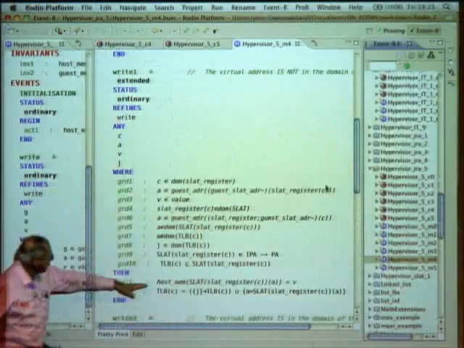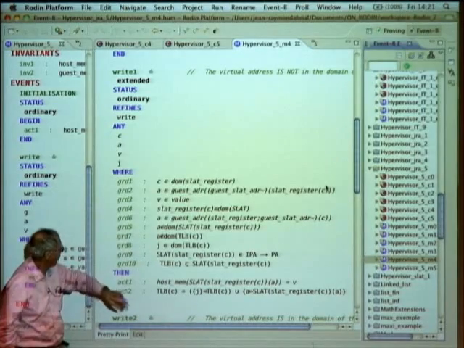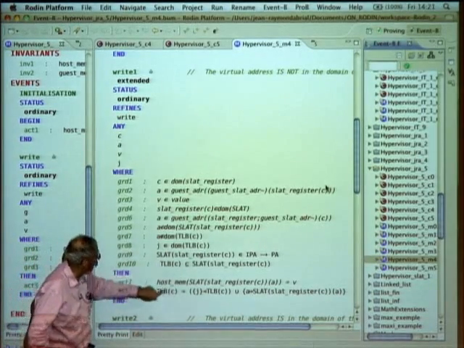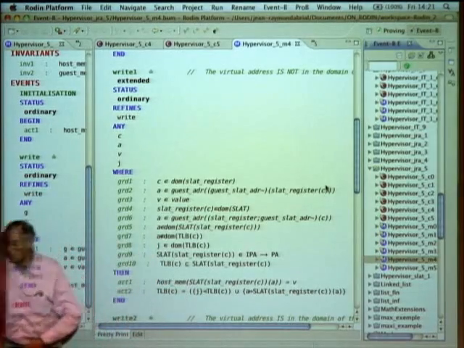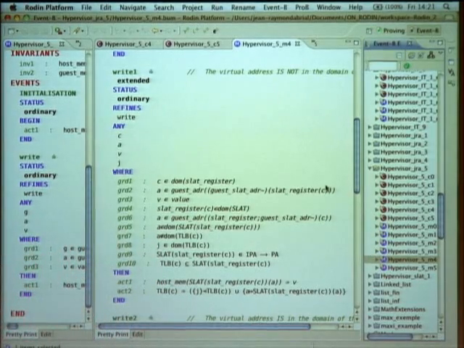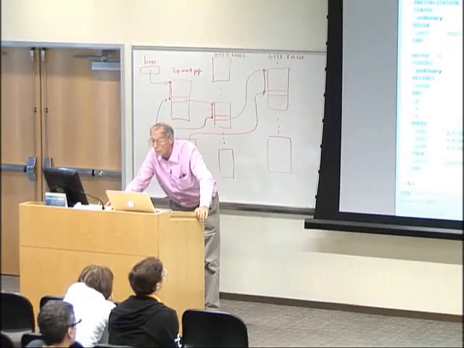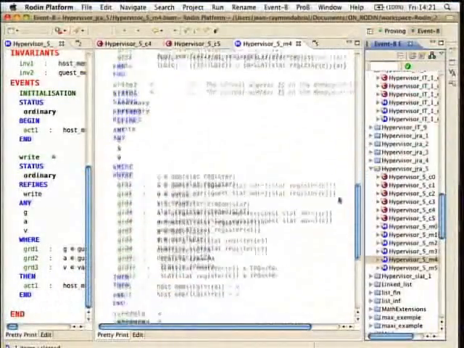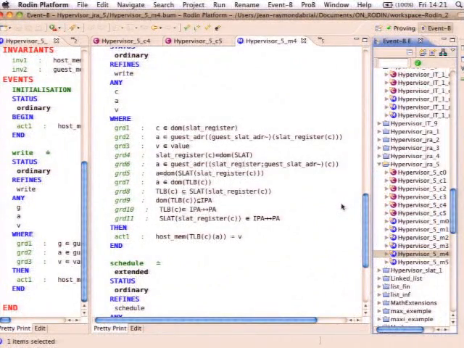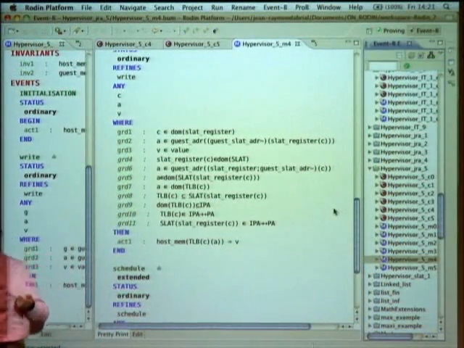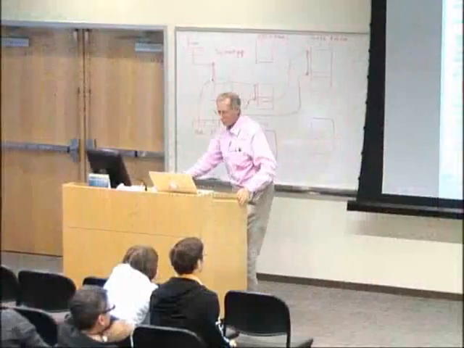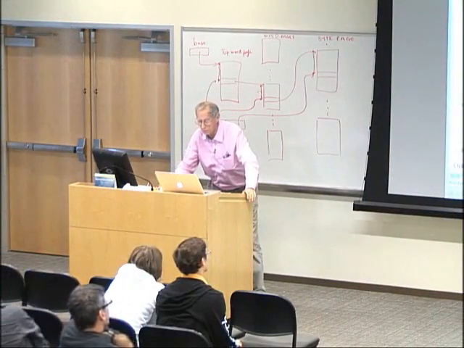But at the end of it, when we find it, we update the TLB by evicting a certain member of the TLB. And write 2 is also a refinement of write. And write 2 here has got this guard that A is in the domain of the TLB. Therefore, we just use directly the TLB. And the scheduling is not different.